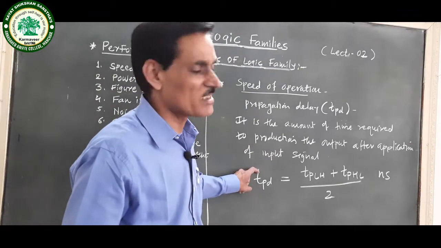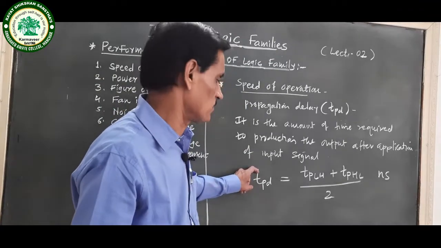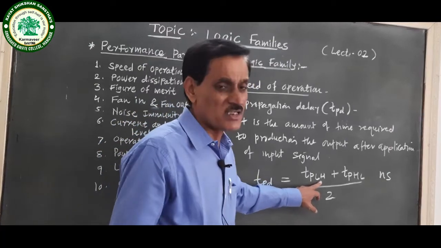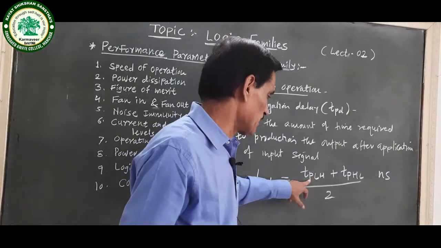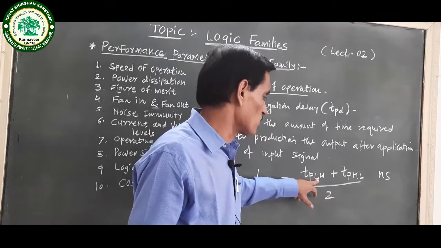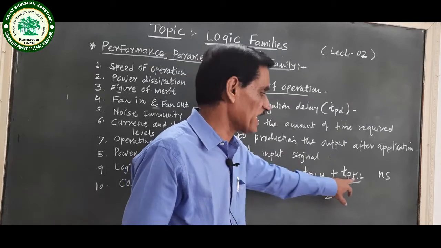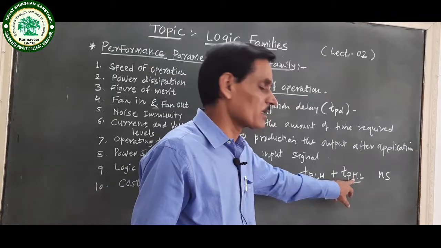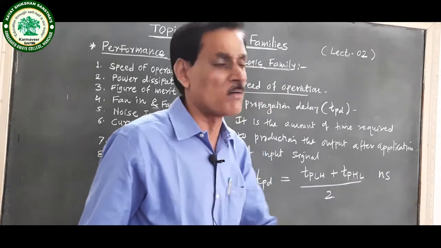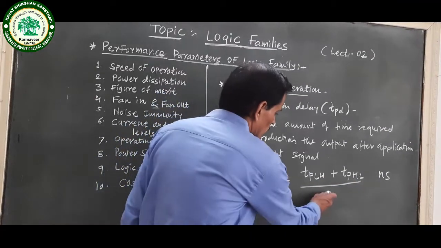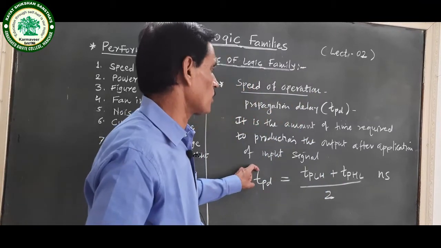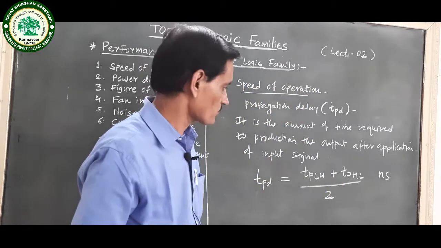This is a mathematical relation which will give the value of propagation delay, where TPLH is the time delay between the input and output when the output goes from low to high, whereas TPHL is the time delay generated when the output goes from high to low, and the average of these two times is nothing but the value of propagation delay.